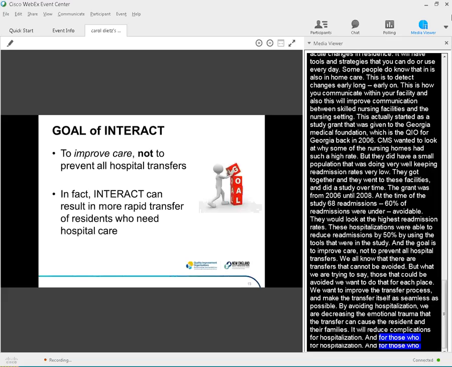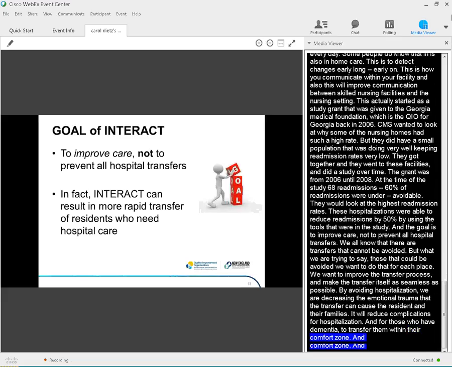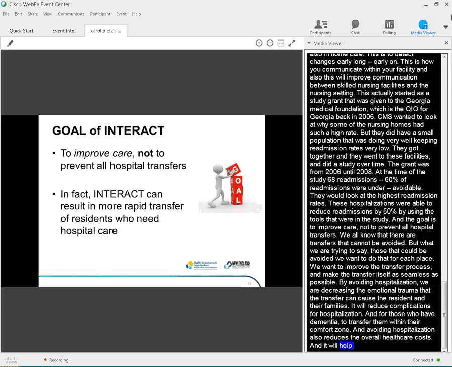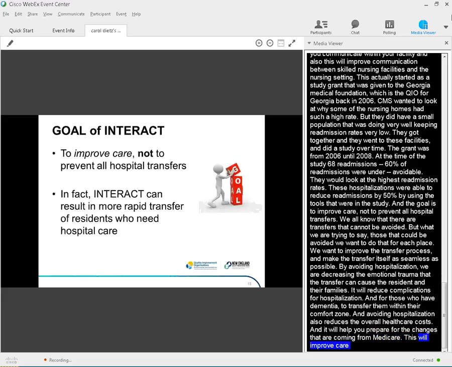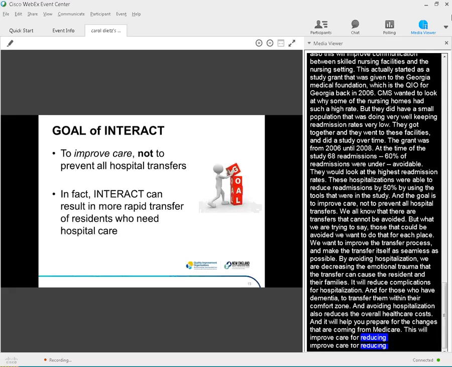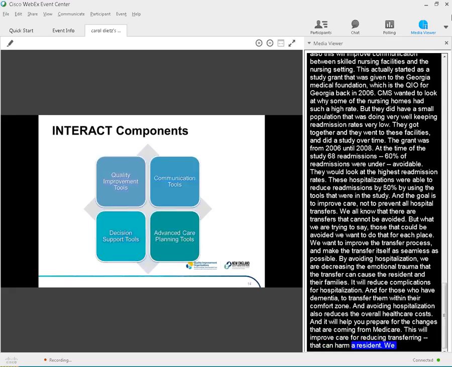Avoiding hospitalizations also reduces the overall health care cost, and it will help you to prepare for the changes in the payment system for Medicare. Interact helps to improve care by decreasing the frequency of the transfer that could potentially harm a resident. And we always want to treat our people in place with the people who know them the best.